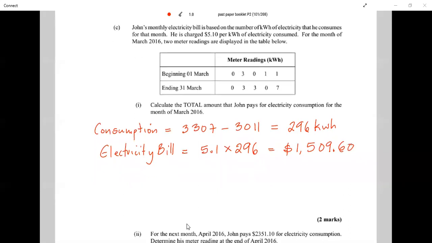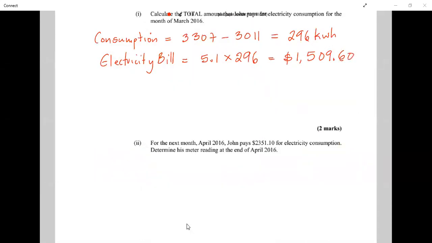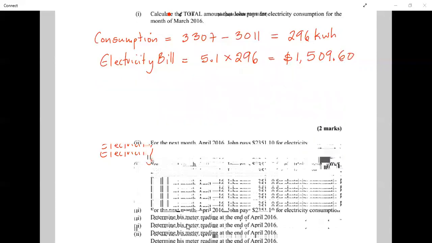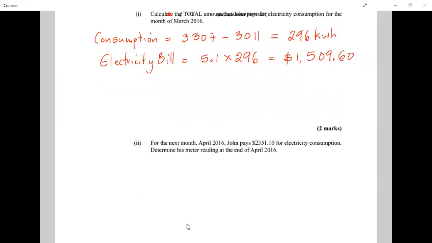Let's see what's next. It says for the next month, April 2016, John paid $2,351.10. So obviously he consumed a lot more electricity. We're to determine his meter reading at the end of April 2016.